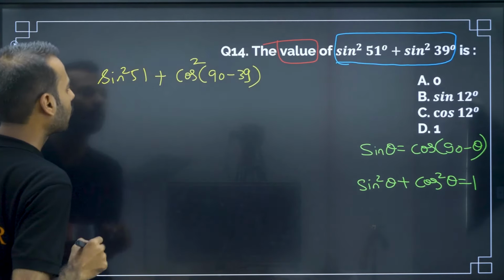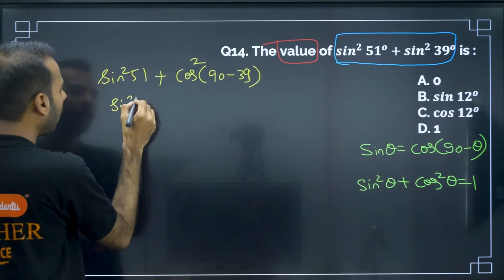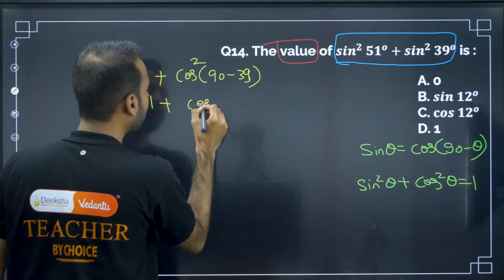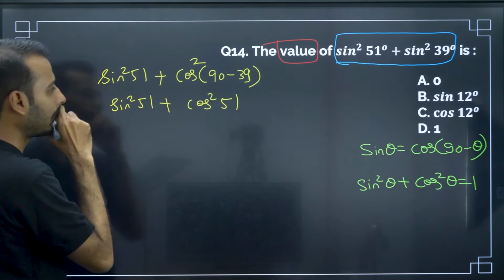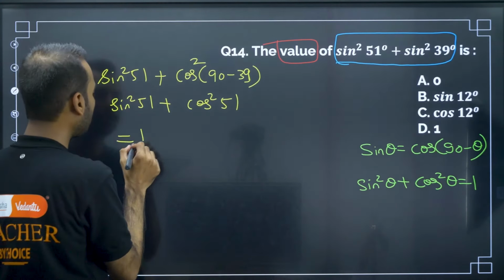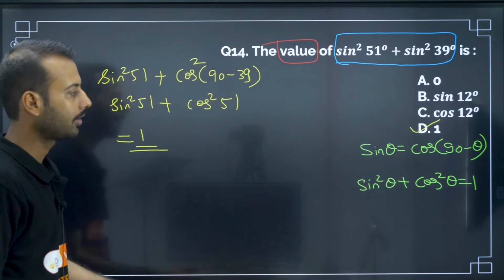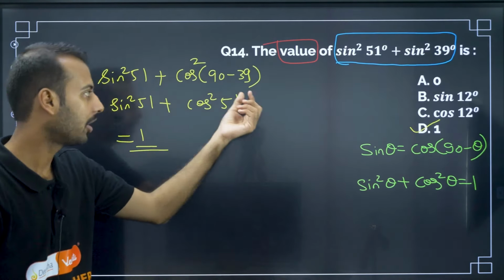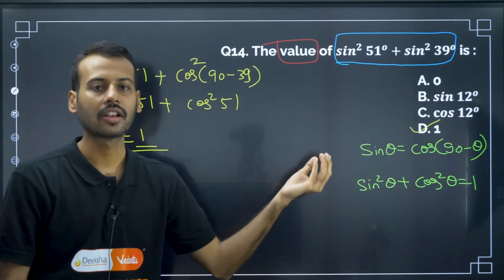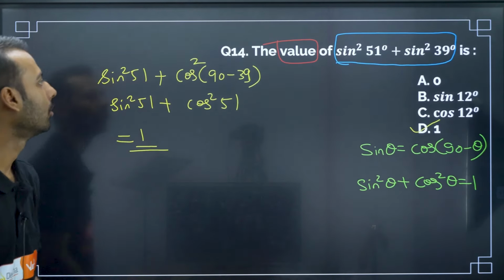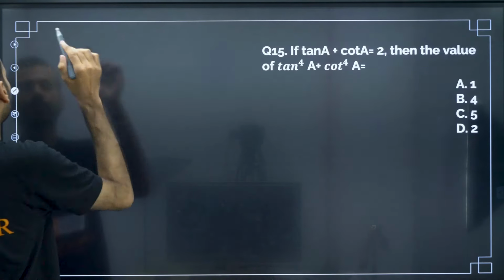Square is there, so I am placing square. This becomes sine square 51 plus cos square 51. Its value is equal to 1. So is there any such option? Yes, D is the answer. See here, basic 2 points you should be knowing, and you have to solve this. So hardly it will take 20 seconds to solve this. So moving on to next question.